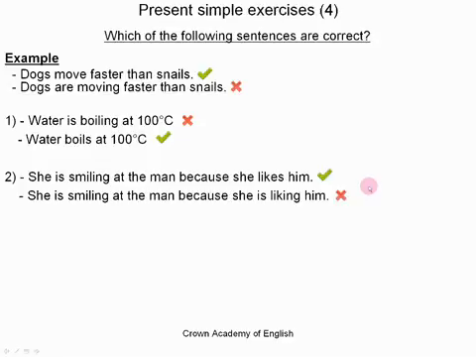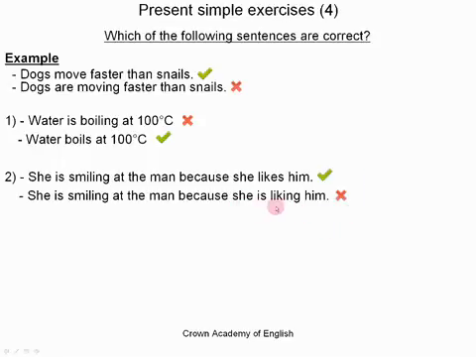Normally we would think that we would use the present continuous, and in fact the beginning of the sentence uses the present continuous. But the verb like is one of those verbs that can only take the present simple form. It's an emotion, a mental state, so we can only use the present simple. So we say she likes him, and that is why the second one is wrong.